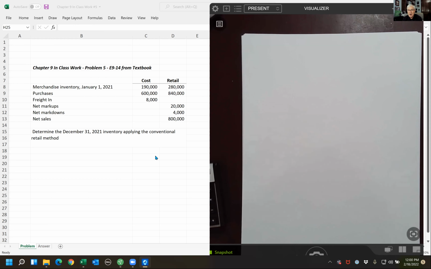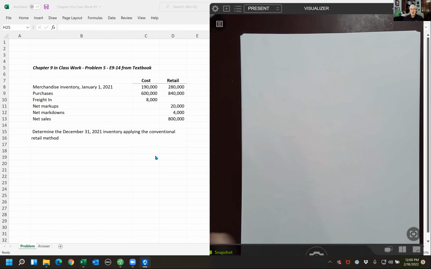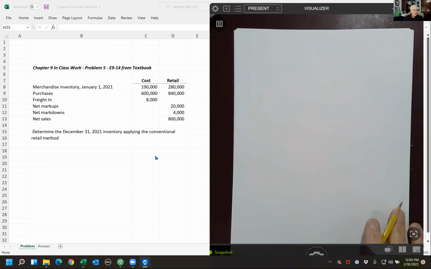Using that information, we're going to calculate our ending inventory, and by the way, our cost of goods sold. Now, this is real world stuff here. This is how many large companies, retailers, calculate their ending inventory for their financial statements. So you guys pause, go work this, and then come back.